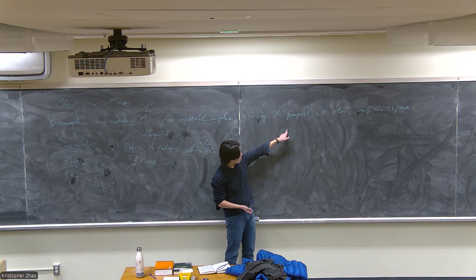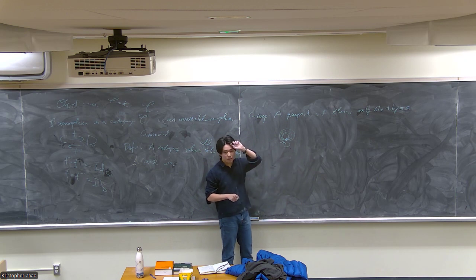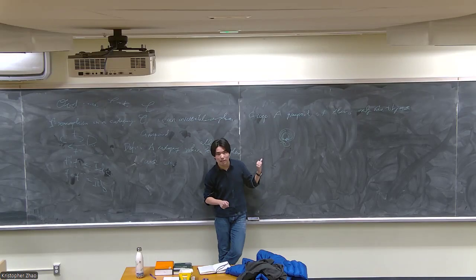For example, this is G, and there exists an inverse isomorphism such that G inverse composed with G is the identity, which is the identity element in the group. This is a short definition, but it gives you a very quick way to find the classifying space of a group.